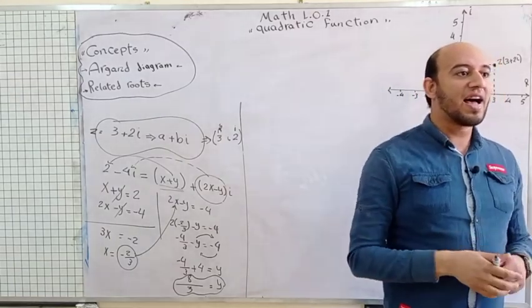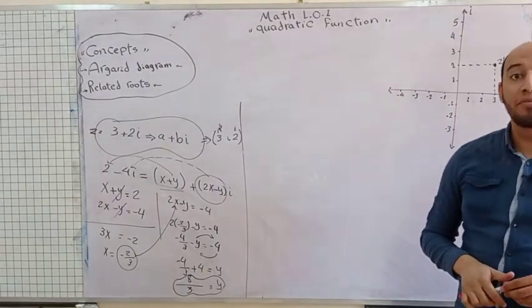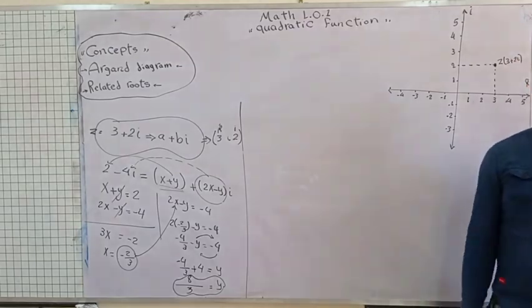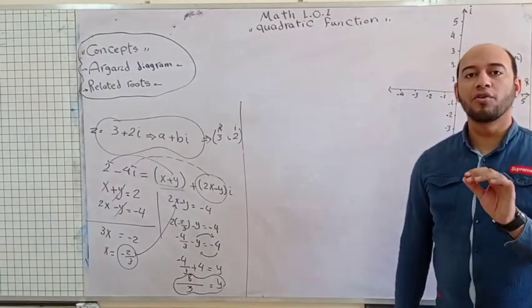There is another form for the complex number, and this form is called the trigonometric form.